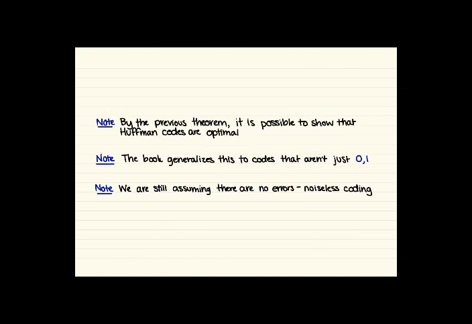But like we saw in the first lecture, there's a trade-off there, because by making this so efficient, if there are errors in this, it's really hard to read a Huffman code. So this is great when there are no errors, but if there are going to be some errors, then this Huffman code really breaks down. So this really only applies to noiseless coding where there are no errors in transmission.